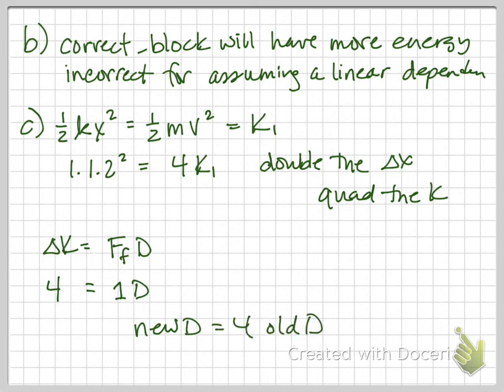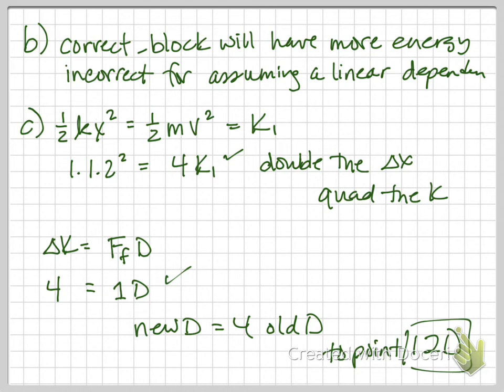So we're really going to go to 12D. And this was a little confusing because they're kind of calling the points D, but what I want you to get out of that is doubling the compression quadruples the kinetic energy, quadrupling the kinetic energy quadruples the distance. If the distance was 3D, now the distance is 12D.